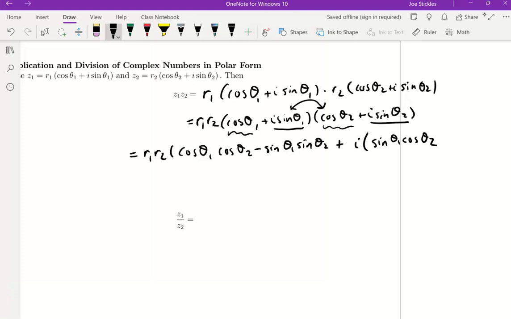What do you get when you multiply these two together? Yeah, we'll get sine of theta 2 cosine of theta 1. Now we're almost done.